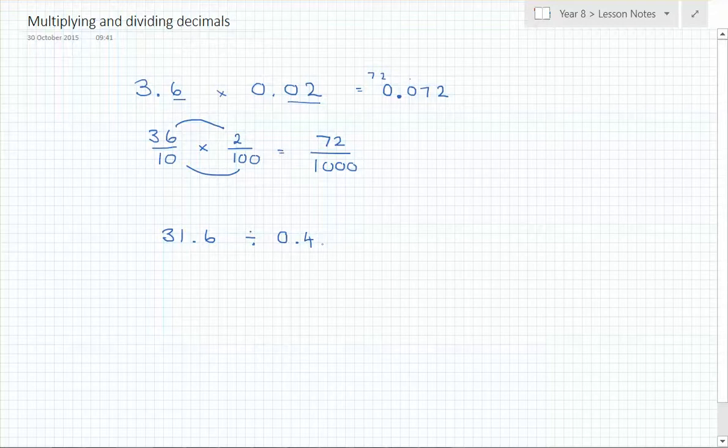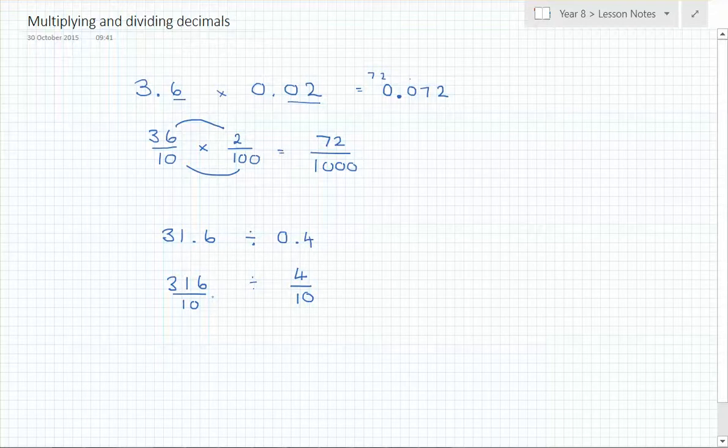So the number you divide by is always the important one. So I want 0.4 to be 4, and it's going to be 4 over 10. Now, this one, nice and easy, is 316 over 10. Just so happens they're both the same.